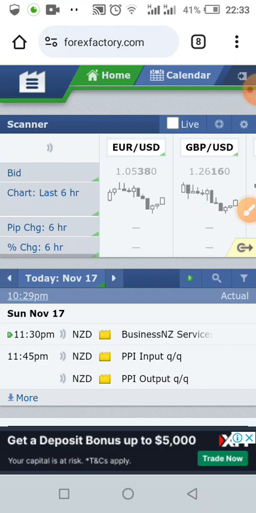They are not used when trading synthetic indices from Deriv, like the volatility indices, the boom and crash indices. They don't have fundamentals. Those are only traded with technical analysis and are not affected by world events.